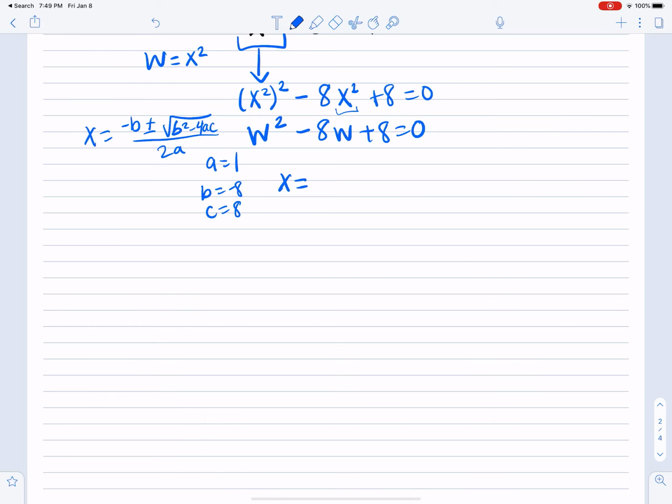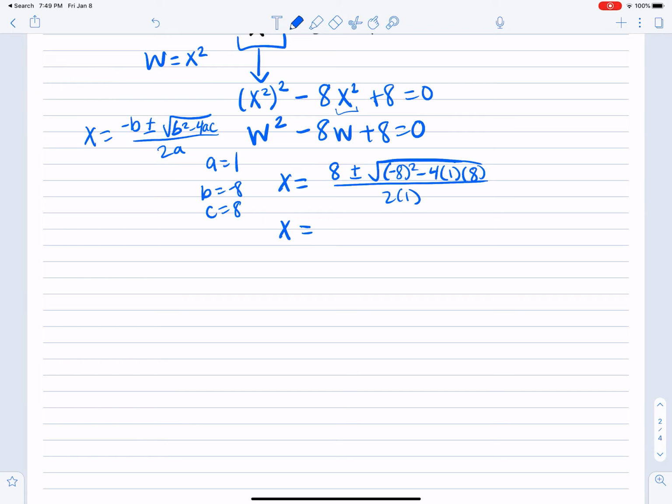So x equals negative negative 8 is positive 8, plus or minus the square root of negative 8 squared minus 4ac over 2a.